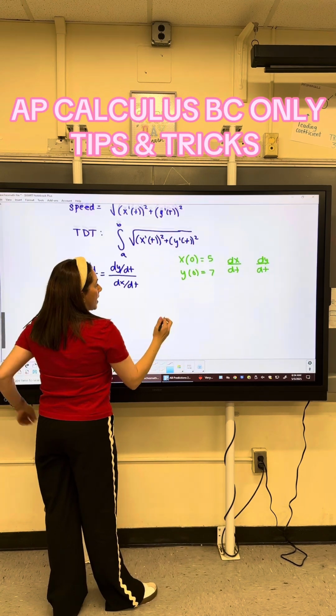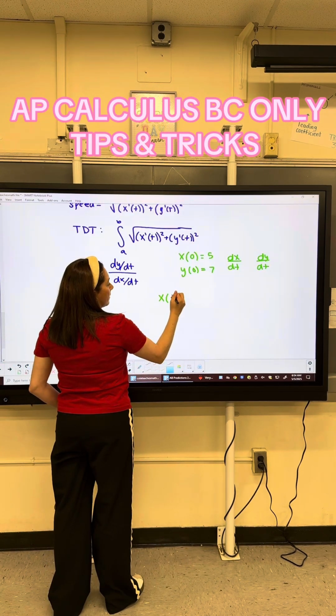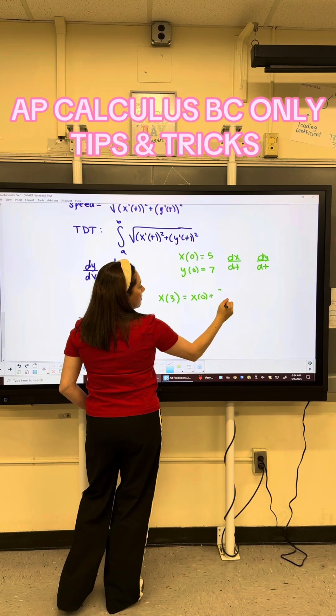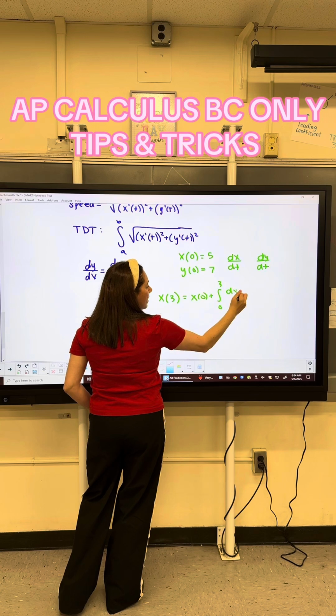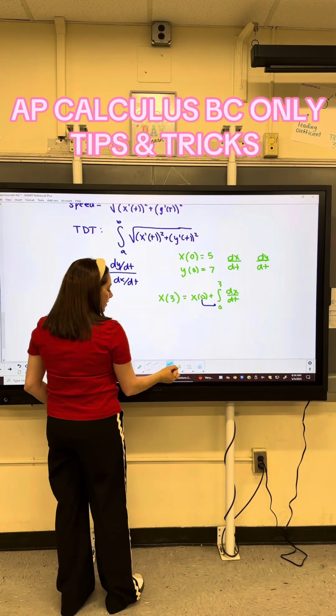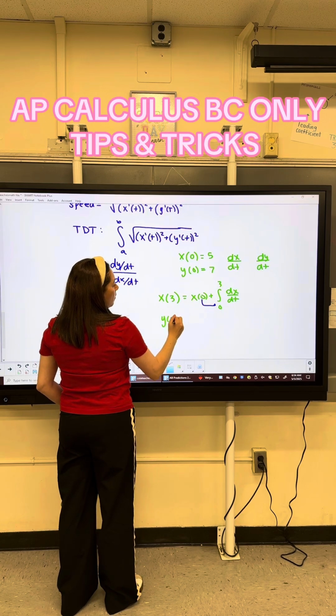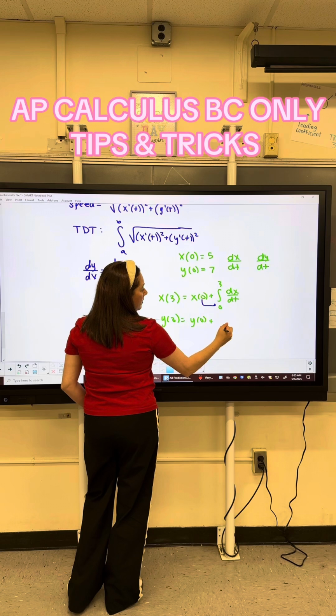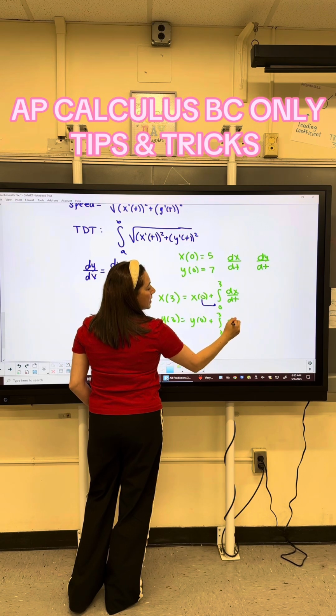If they want you to find x of 3, it's what I want equals what I'm given, plus the integral between the two of them, of dx dt. Remember I said that's always the lower bound. And if they want y of 3, it's what I want equals what I'm given, plus the integral, but you're using dy dt.